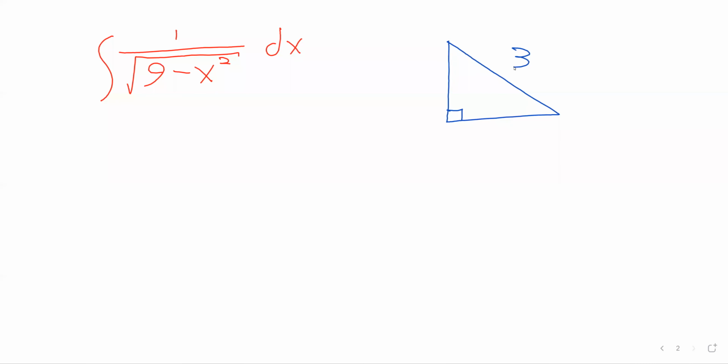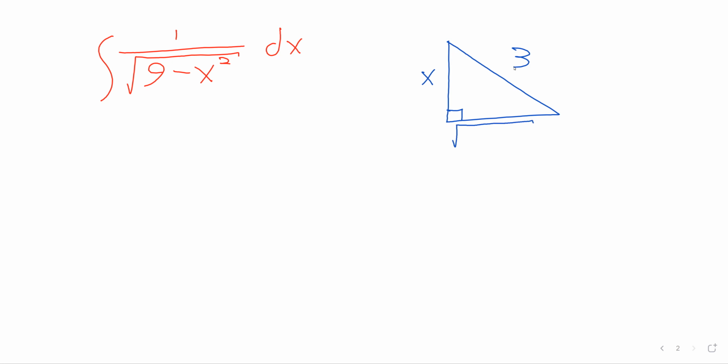Say that this fixed hypotenuse is a ladder leaning against the wall, and it's sliding down the wall, and we are interested in that vertical distance x.